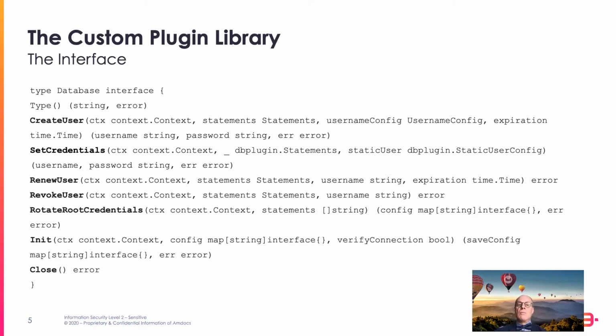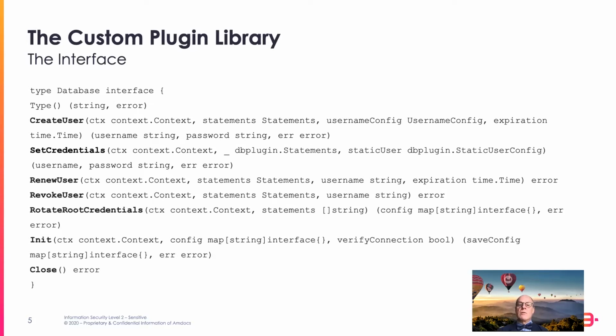The renew user method of this interface is essentially a null operation, as Couchbase does not support the concept of account expiration. The revoke user method removes an account from the database, and the rotate root credentials method is used to change the password for the static account that already exists that the DBA will have created for Vault to manage accessing the database with.